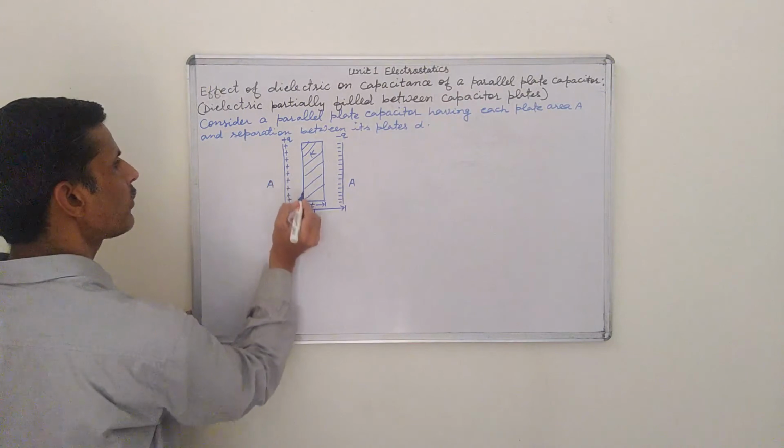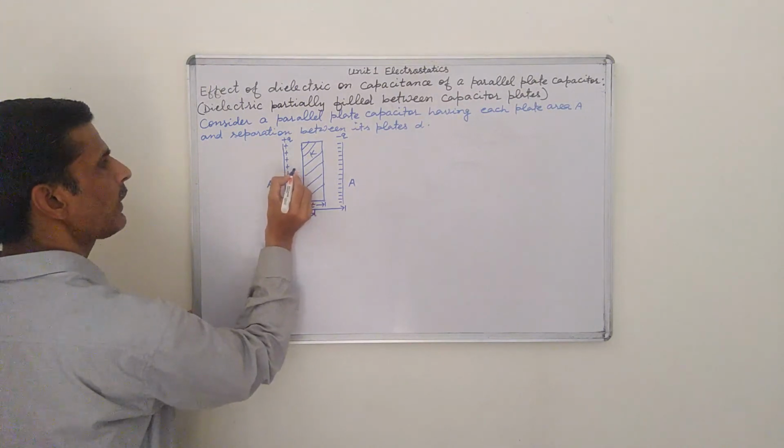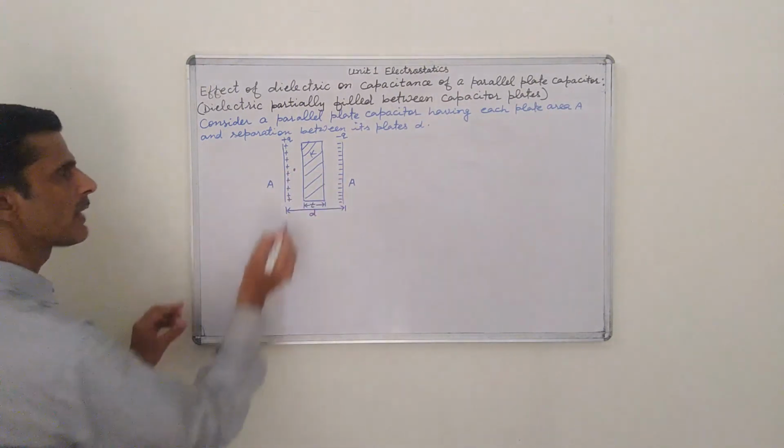So here you can see there are three regions between the capacitor plates.